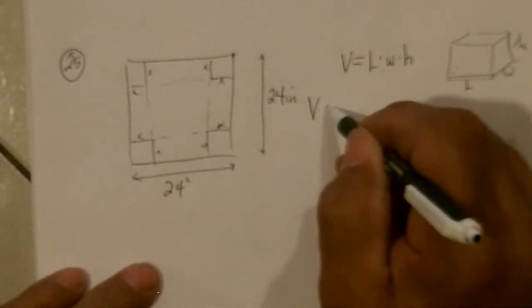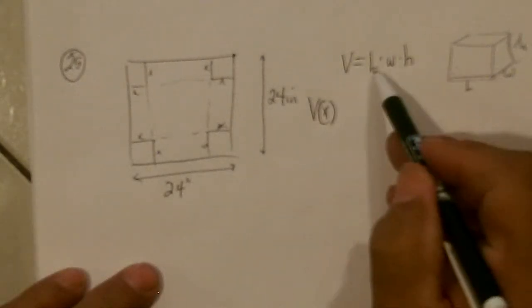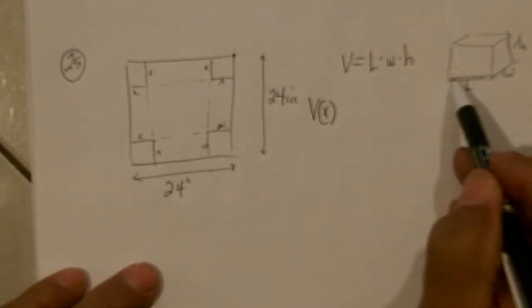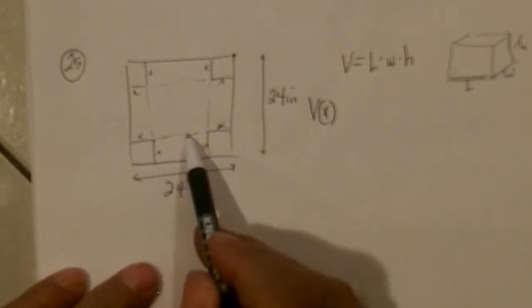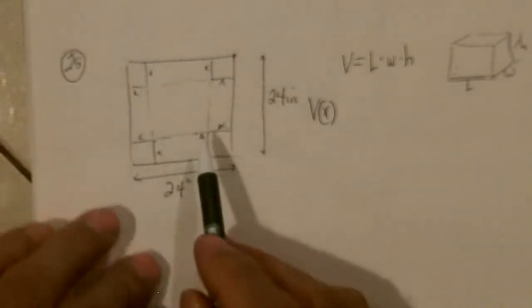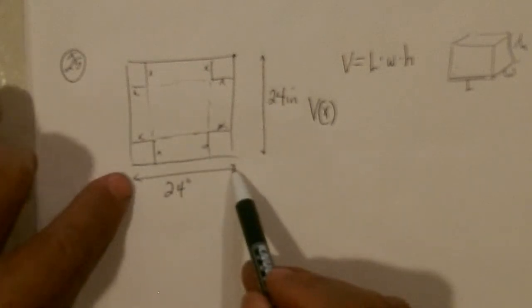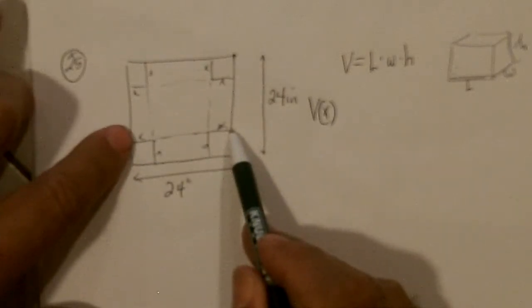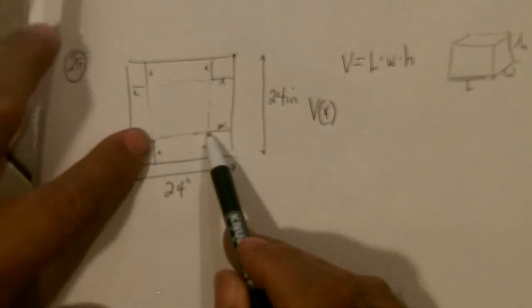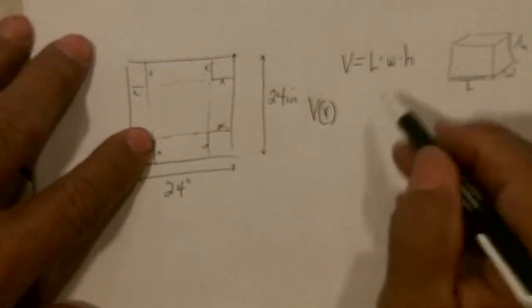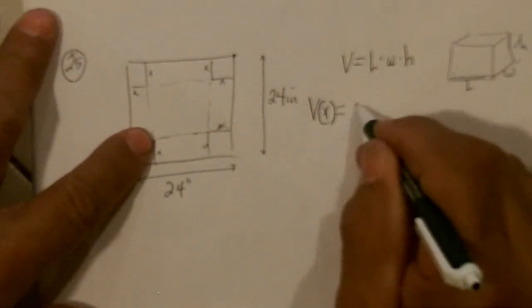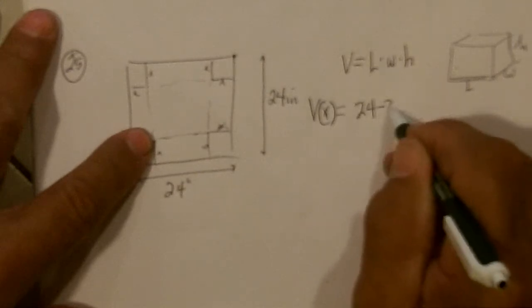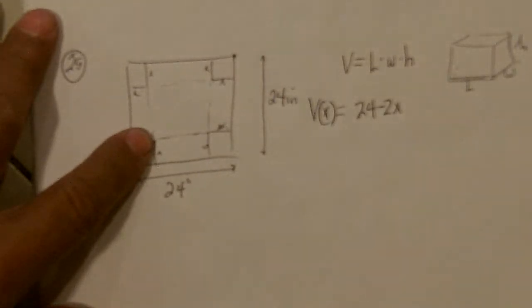So the volume as a function of x is going to be length. That would be from here to here, because we're going to fold this up, which is 24 minus x and minus x. So the length is going to be 24 minus 2x.